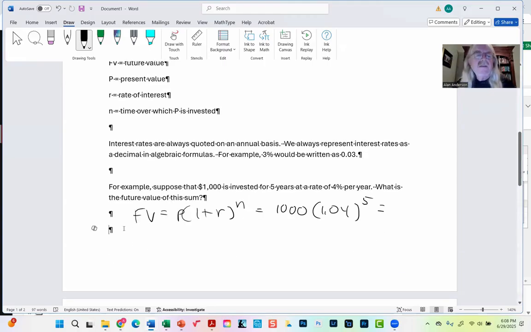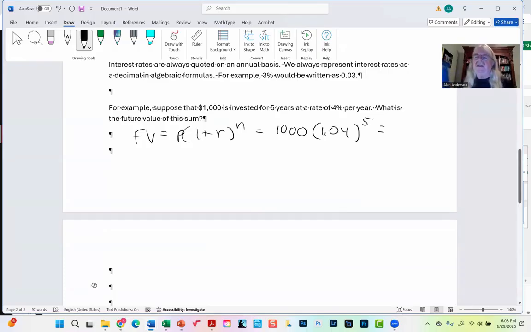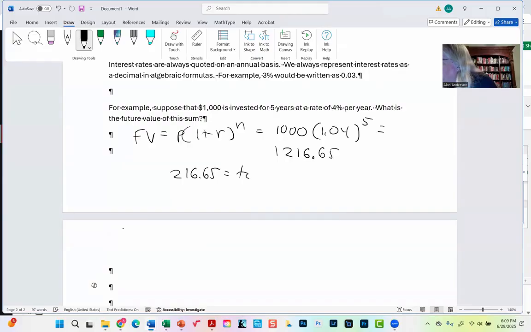And now, for this, you will need a calculator. And of course, the answer will be rounded to dollars and cents. That's the future value. So in other words, in 5 years, my balance will be 1216.65. And of course, it should be obvious that of this, 216.65 is my total interest.